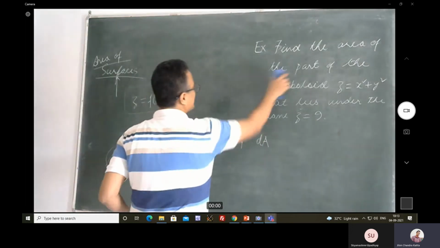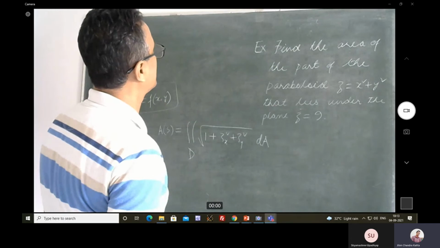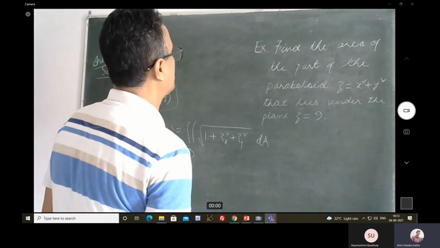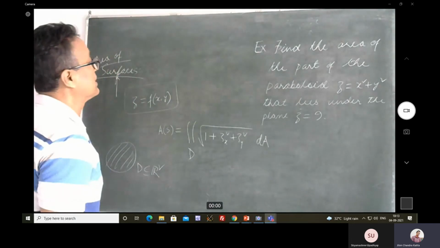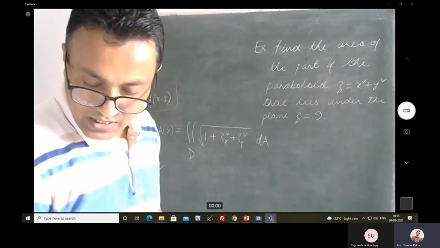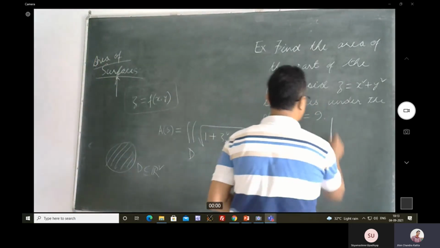So now let us work out this example. It is about finding the area of the part of the paraboloid z equal to x squared plus y squared that lies under the plane z equal to 9. The situation will be something like this.